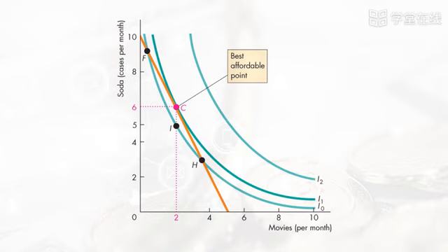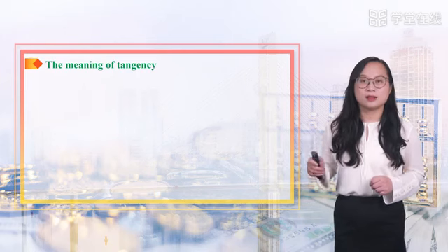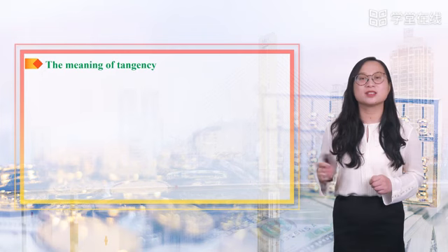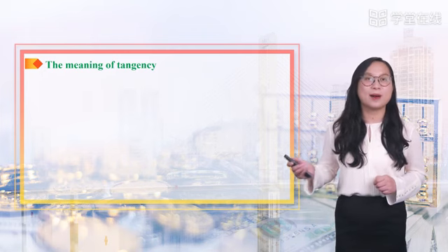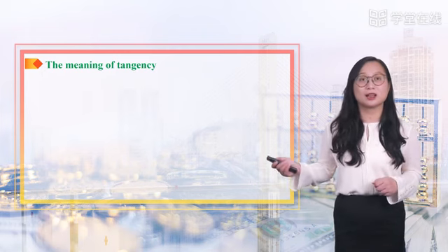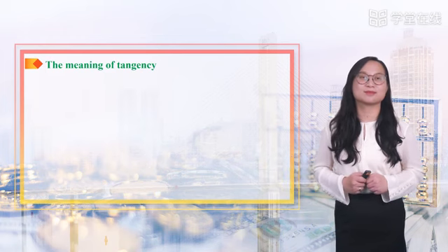It's exactly the best affordable point. Lisa will have no incentive to switch from point C to any higher indifference curve. Otherwise, she cannot afford it. This tangency point between the indifference curve and the budget line is Lisa's best affordable choice.